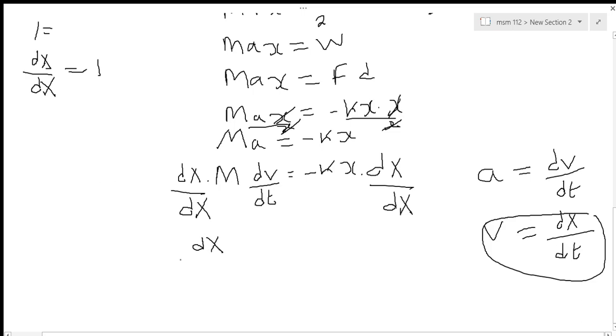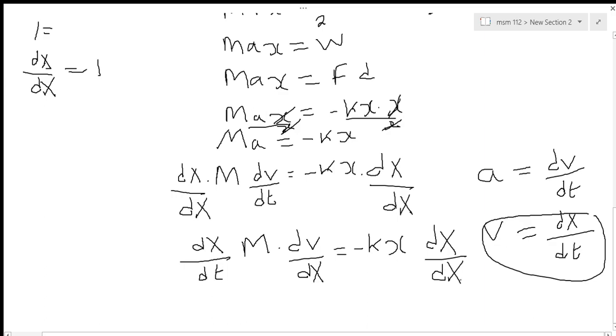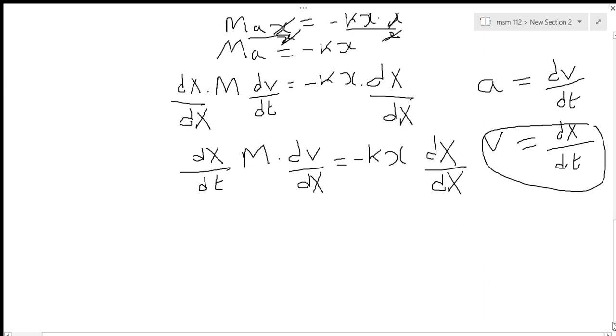This will be dx over dt, m times dv over dx, like this. It's multiplication. This is allowed. I can do this. Then that side I'll have kx dx over dx, like this. Scroll down.